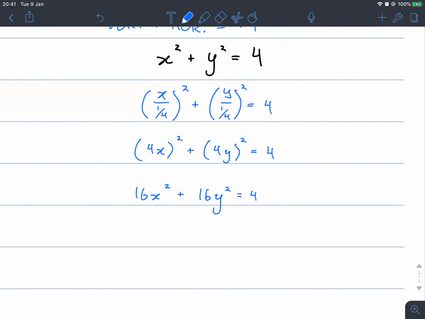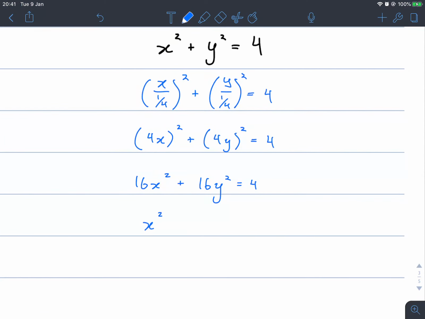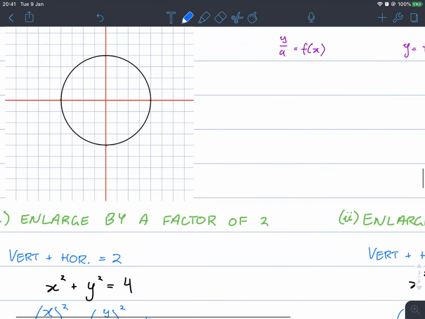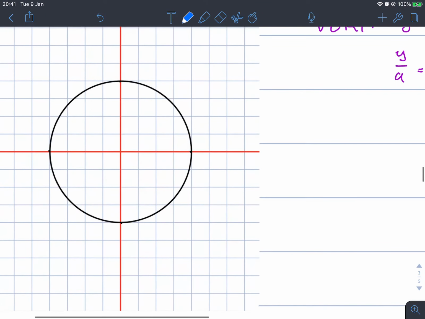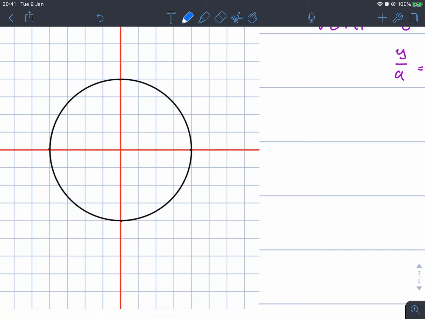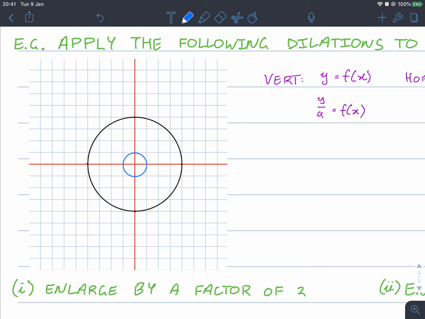Dividing both sides by 16, we get x squared plus y squared equals 1/4. Well, this is now a circle with a radius of 1/2. So if this is 2, radius of 1, a radius of half, this circle is now compressed to that blue circle there.